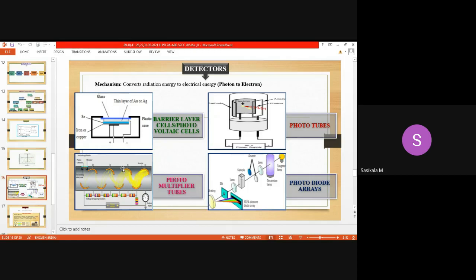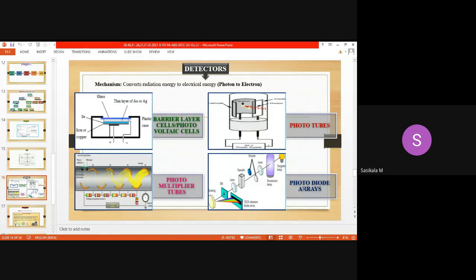Photodiode arrays also function the same way, giving the signal from 200 to 800 nanometer. All the signals coming will be multiplied through gratings. Like grating monochromators, the radiation from the source goes to the sample, and from the sample it is passed on to the grating, where it is multiplied into many signals and detected.